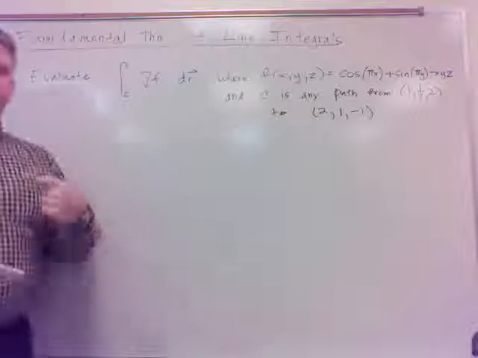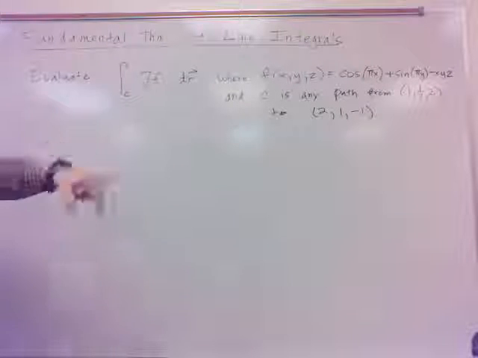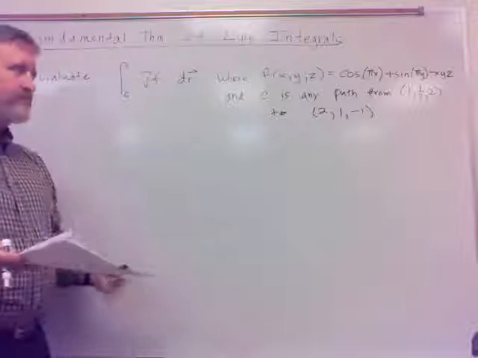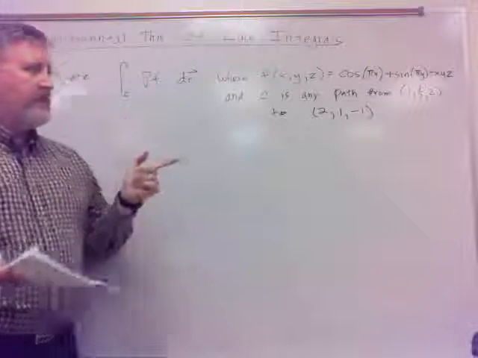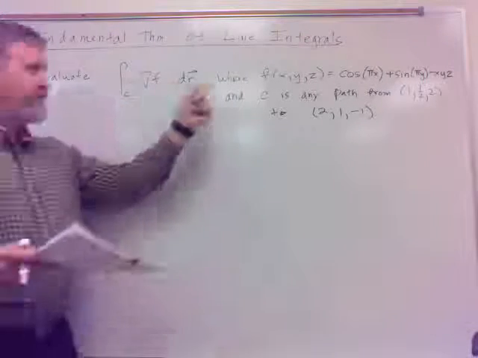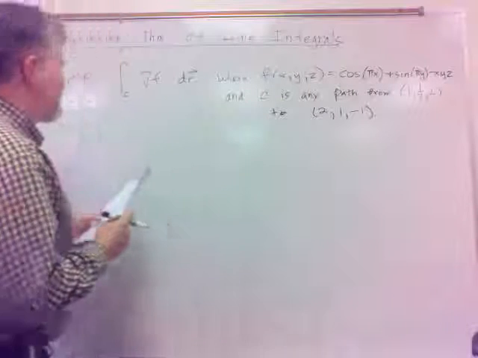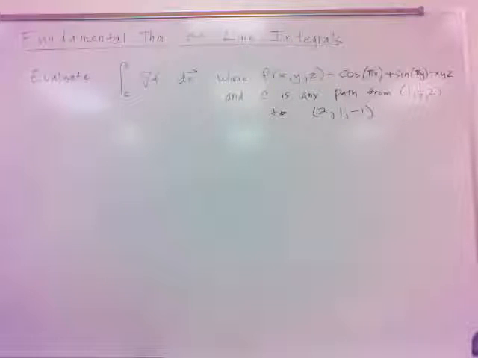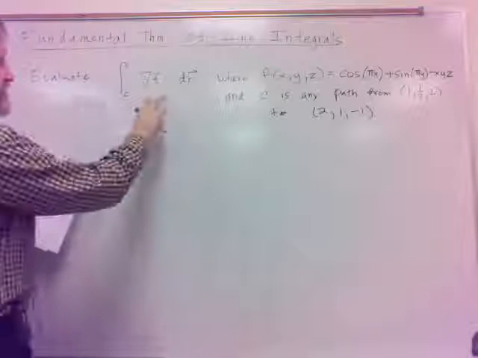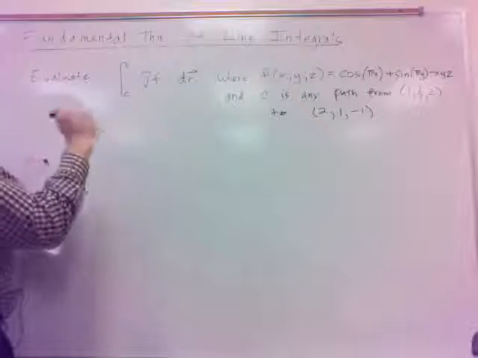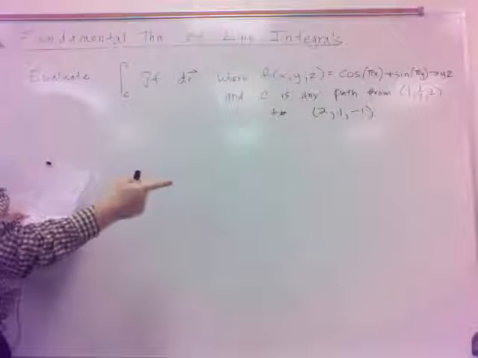So previously on our line integrals, we specified our path, but really it doesn't matter here, because since we know the function, by the fundamental theorem of line integrals, we know that this is just the function value at the terminal point minus the function value at the initial point.